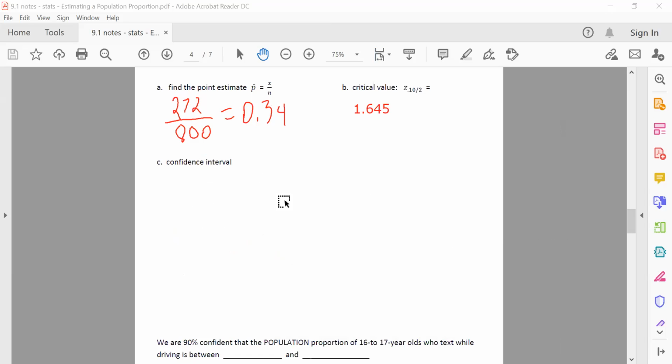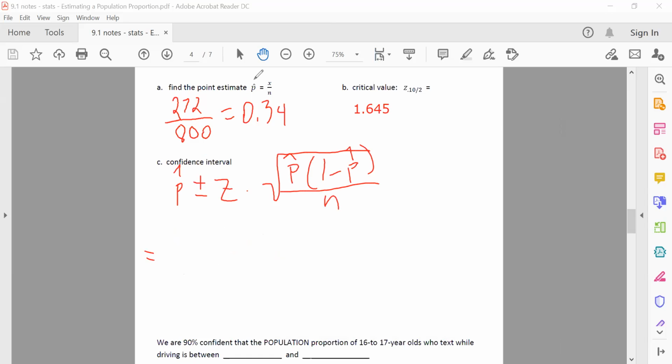So now the confidence interval is going to be p hat plus or minus our z-score of interest times the square root of p hat times 1 minus p hat all over n.